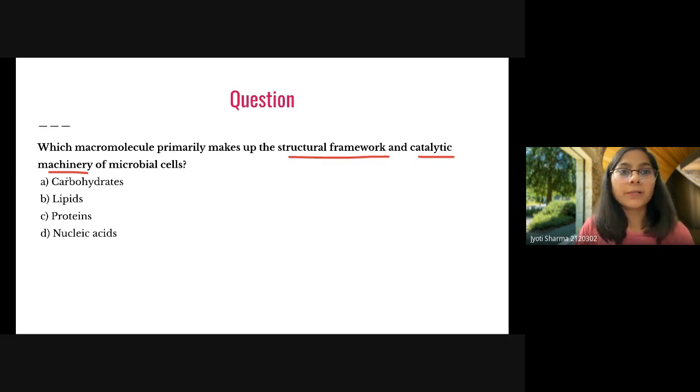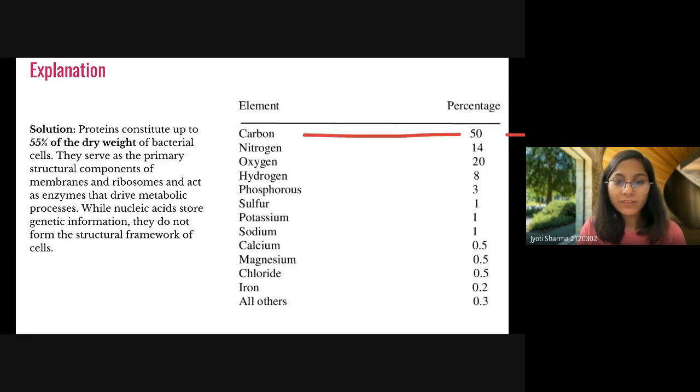For example, the enzyme that we need for replication, the enzyme that we need for transcription, or any kind of enzyme or catalyst we have, these are mostly made up of protein. So that's why protein is the right answer. Here, this is not a direct description about the question, but you should know the percentage of elements in the cell.